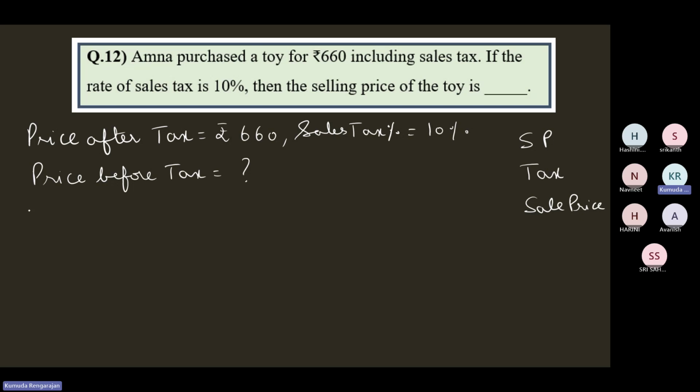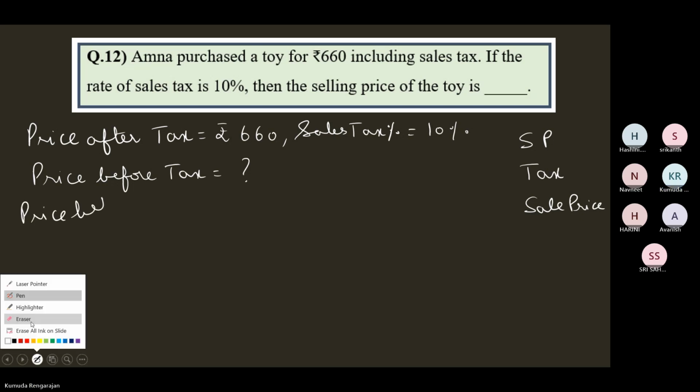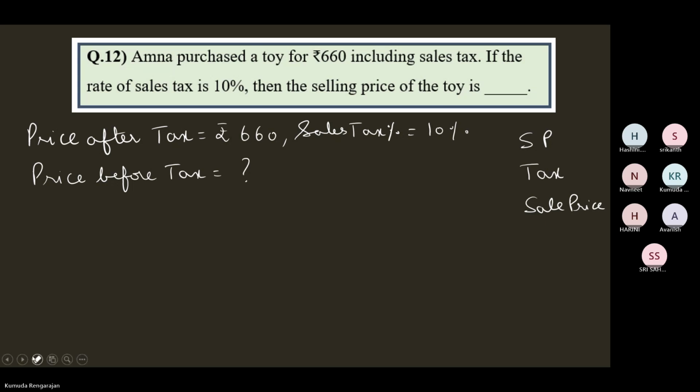So what is our equation? That's why I didn't give a formula for this. This is the easiest way to answer the question. Price before tax plus tax is equal to price after tax.